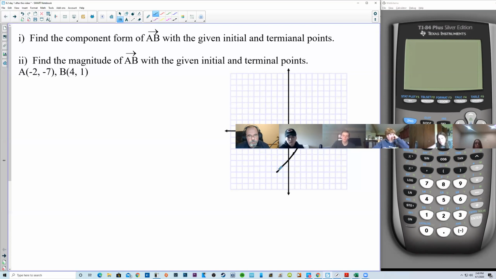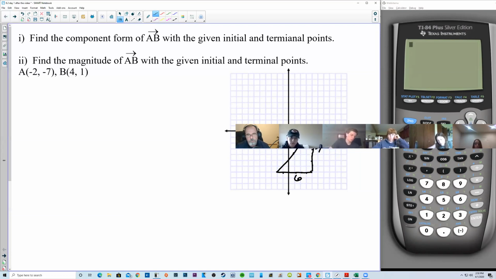Now we just have to draw the same vector. This vector has an x component of 6 units to the right, and 7 units up, which is the y component. So now I just draw the same vector with the tail starting at (0, 0).